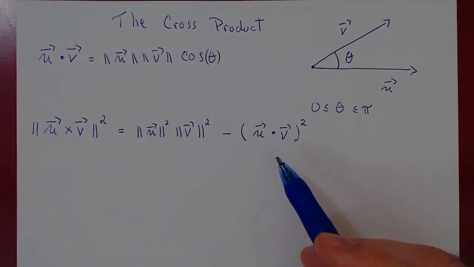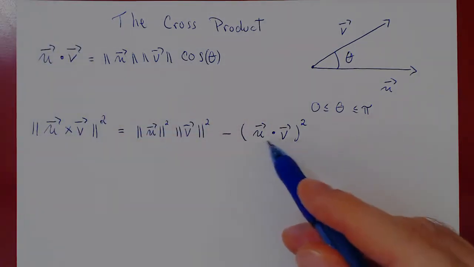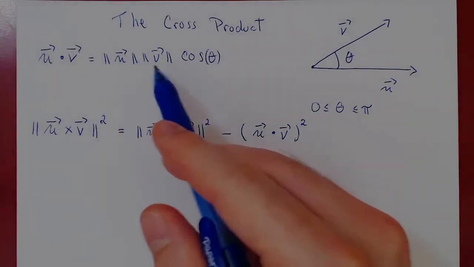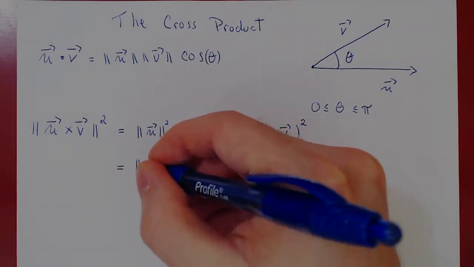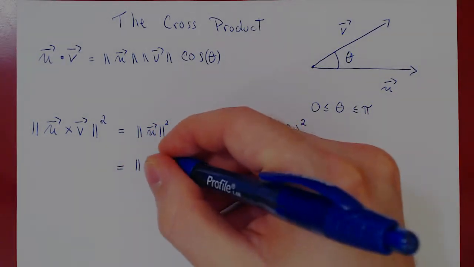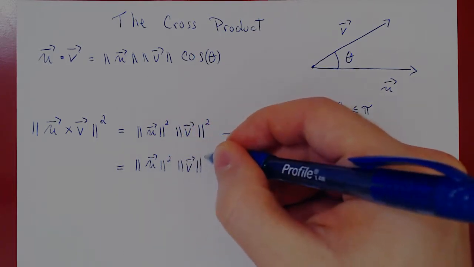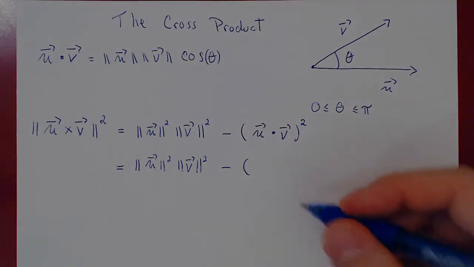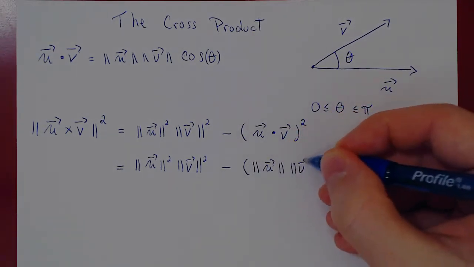What's interesting is what we can get from this if we replace u dot v by the norm of u, norm of v, cos of theta. Let's see what comes out of this after we make this substitution. So norm of u squared times norm of v squared stays the same, minus, and now we make the substitution, u dot v is the norm of u times the norm of v times cos of theta.